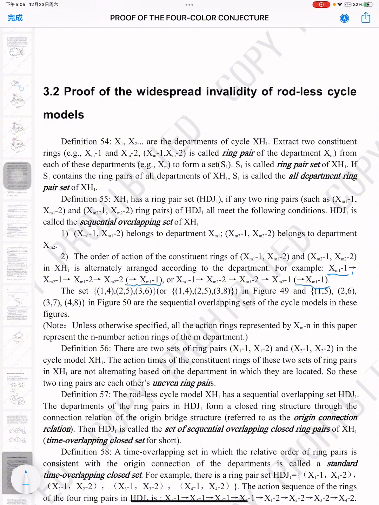The set here or here in figure 49 and here in figure 50 are the sequential overlapping sets of the cycle models in these figures. Note, unless otherwise specified, all the action rings represented by xm-n in this paper represent the n-th action ring of the M department.